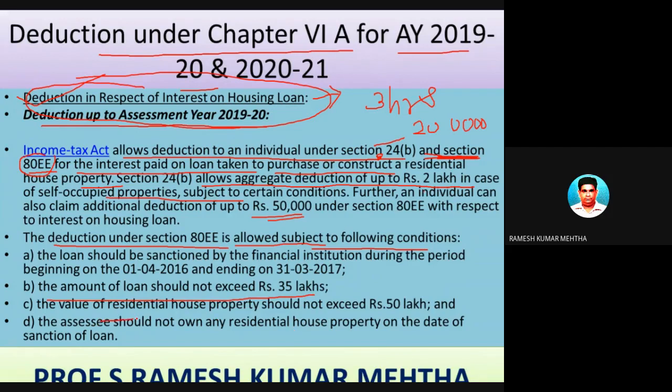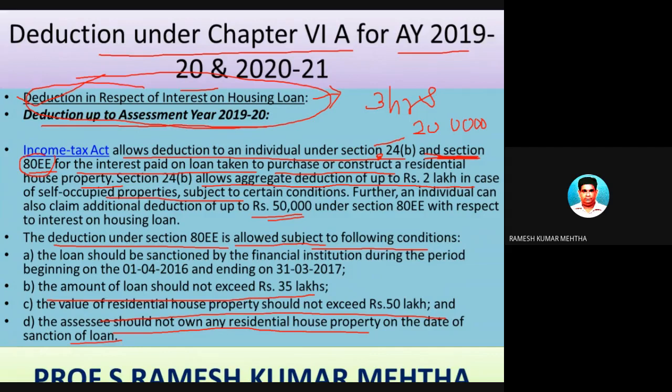Number two, the value of the residential house property should not exceed 50 lakh rupees. Number three, the assessee should not own any residential house property on the date of sanction of the loan. So you should not have any other residential house property on the date on which the loan has been sanctioned.